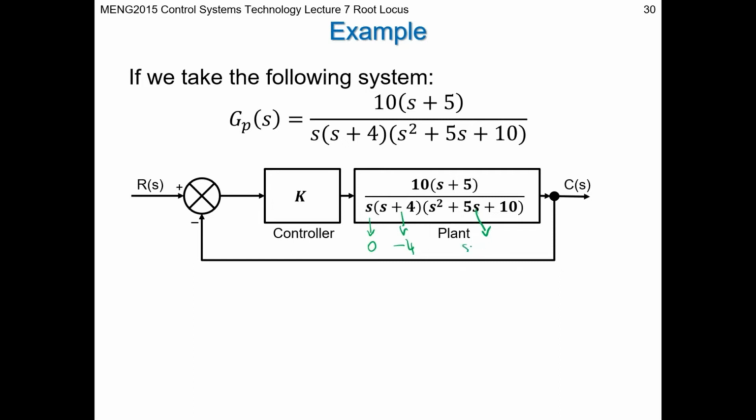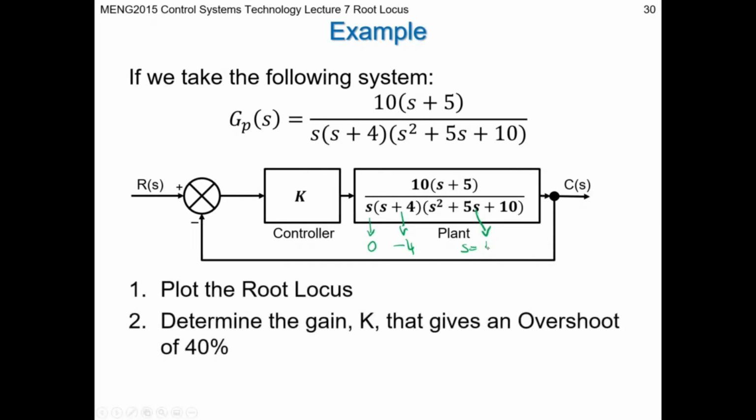Well, we use a quadratic expression for this, equals minus b plus or minus root b squared minus 4ac over 2a. So we're using this quadratic expression to find the roots of that part, and that will be complex. So we can determine our poles.